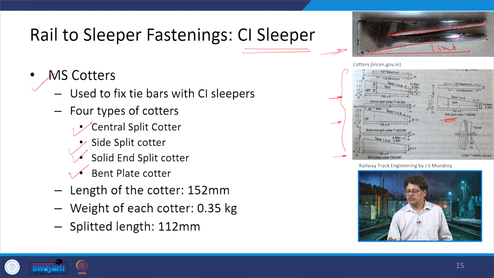So, a 1 in 8 taper is being provided here in general. The length of the cotter is 152 mm, the weight is 0.35 kg, and the split length is 112 mm. That means, if you are talking about this total length which is 152, we are talking about the split one here, and this split one is 112. So, that is the difference.